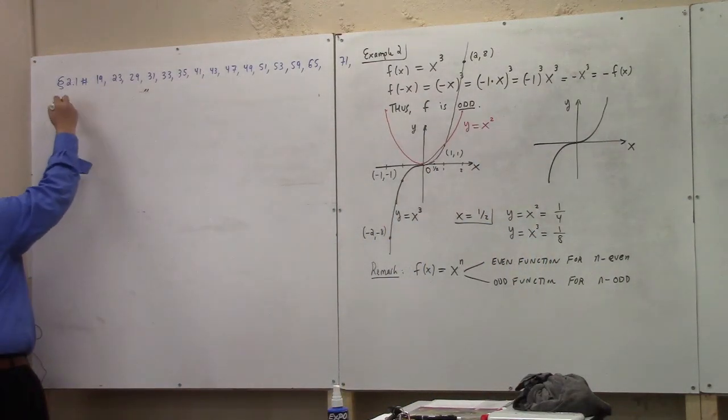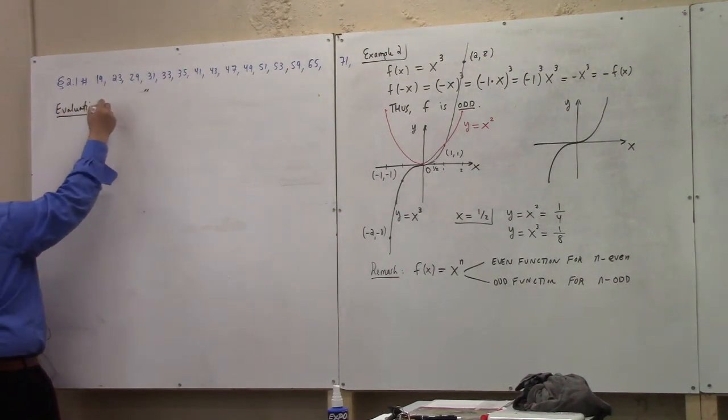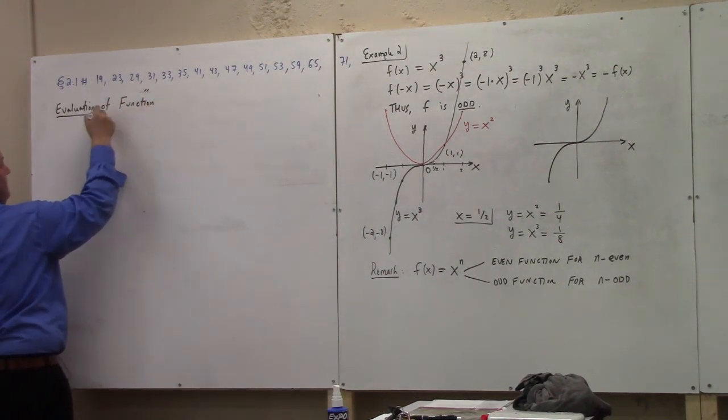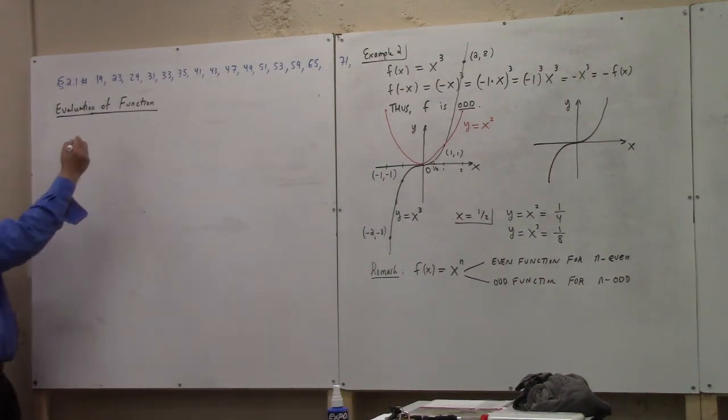You remember we talked about evaluation of a function. What would that mean? Did I talk about that yet? I think I did. You don't remember? Well, let's just talk about it again then.